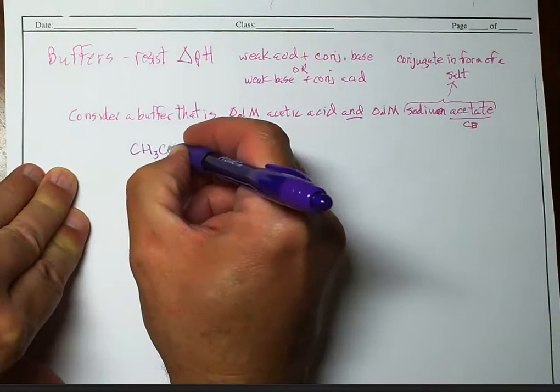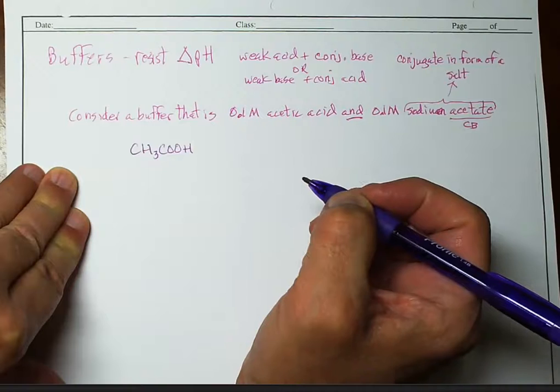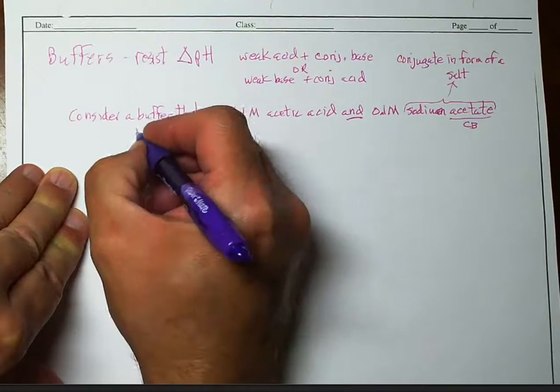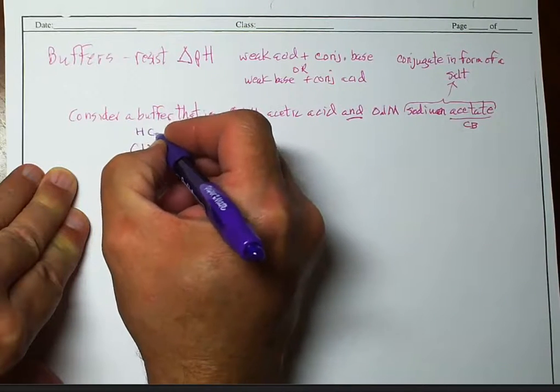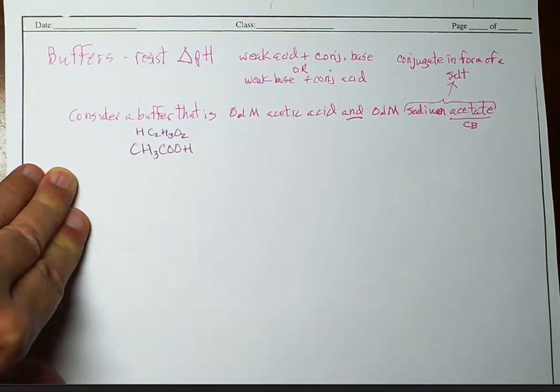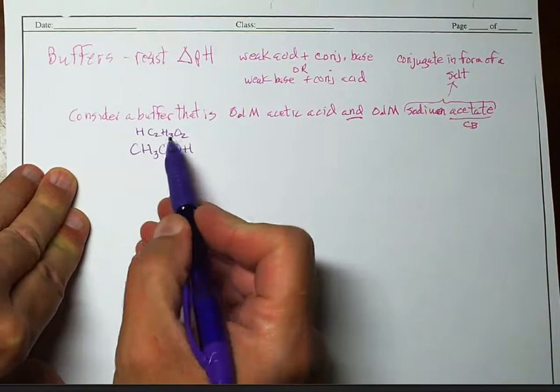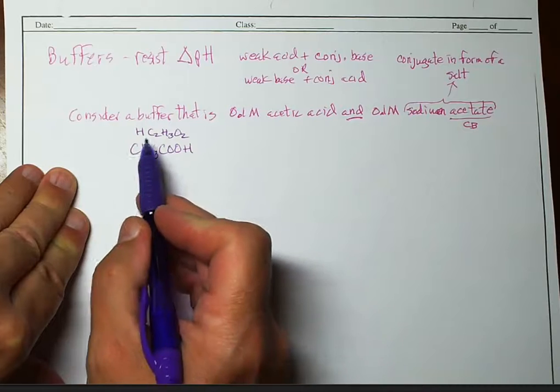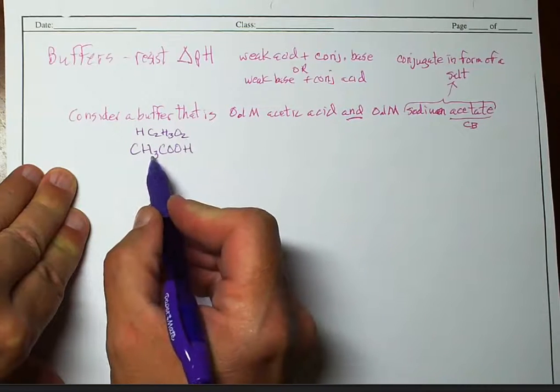Acetic acid, I'm going to write it perhaps a little differently than what you've been used to. We have written it nearly all year this way: HC2H3O2. So to avoid confusion, I can write it that way. Hydrogen and acetate.